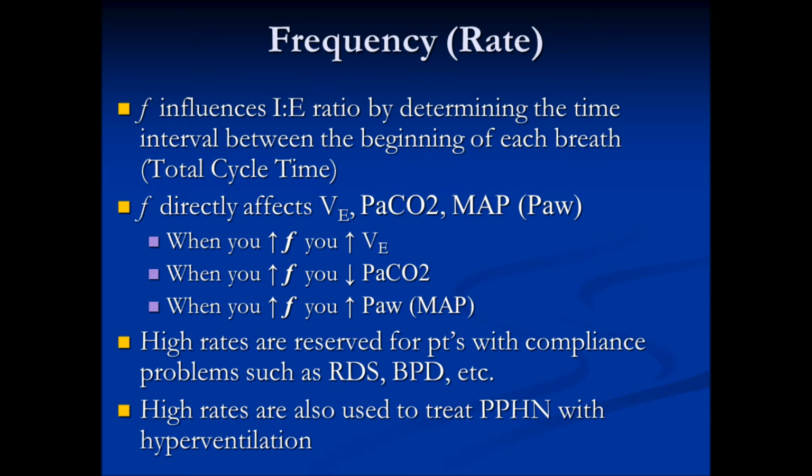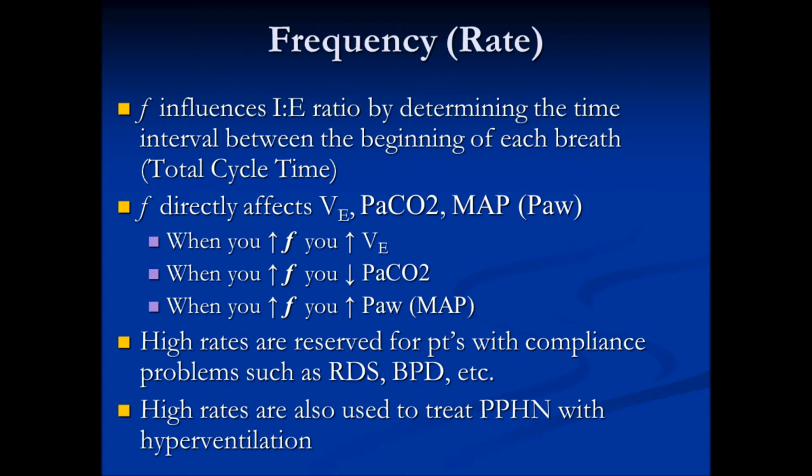There's a difference. Nonetheless, RDS, which is respiratory distress syndrome, sometimes signified as IRDS, and bronchopulmonary dysplasia. Those are two examples of conditions that will cause the patient to have decreased compliance.